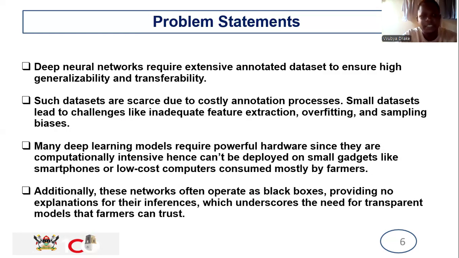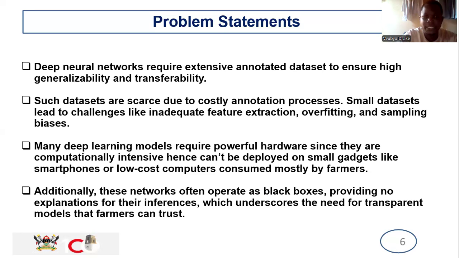In these studies, although different deep neural networks have been implemented, there's a challenge that they need a large, extensive annotated dataset to ensure higher generalizability and transferability. But such datasets are scarce due to their high annotation cost.